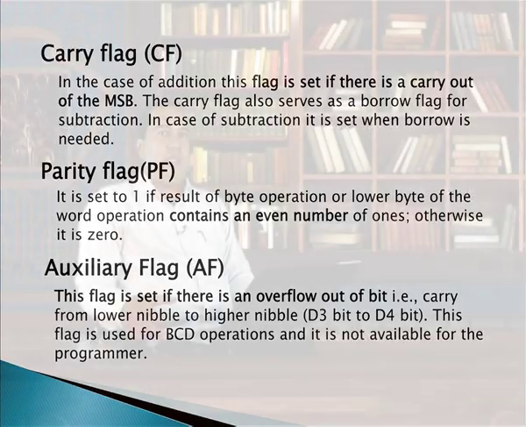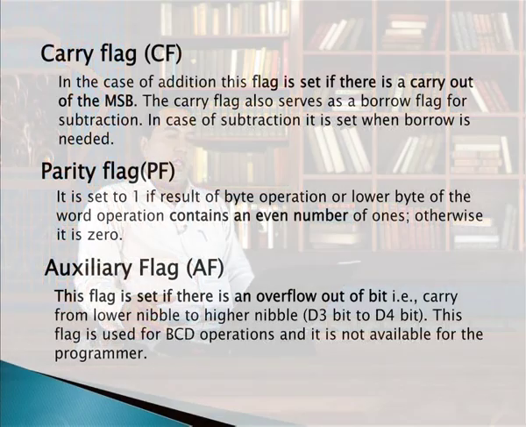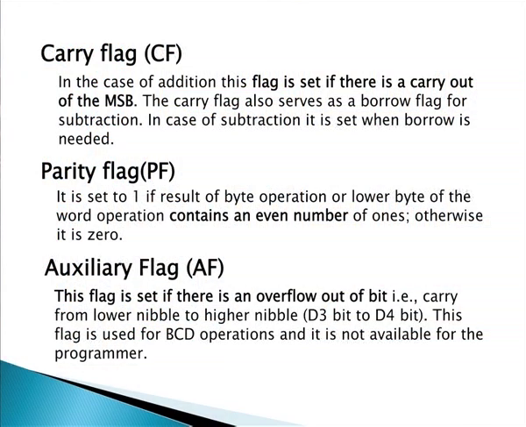Parity is nothing but the number of ones in a binary pattern. Here, the flag is set to 1 if the result of a byte operation, or the lower byte of a word operation, contains an even number of ones, otherwise it is 0. It means that 8086 can perform an operation on an operand of 8 bit or on an operand of 16 bit.